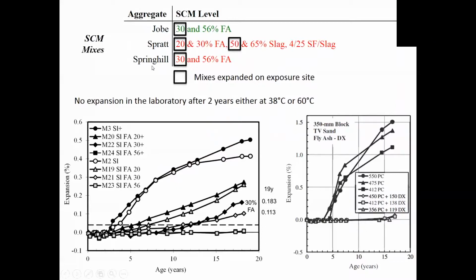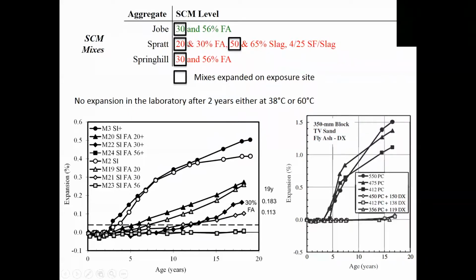What we've tried to do is to bracket the levels of fly ash or slag that have actually prevented ASR. So in each case, you note with the Job here, we have mixes with 30 and 56% fly ash. That's because, based on the field, 30% hasn't worked, 56 has. With the Sprat, we've got 20% and 30%.